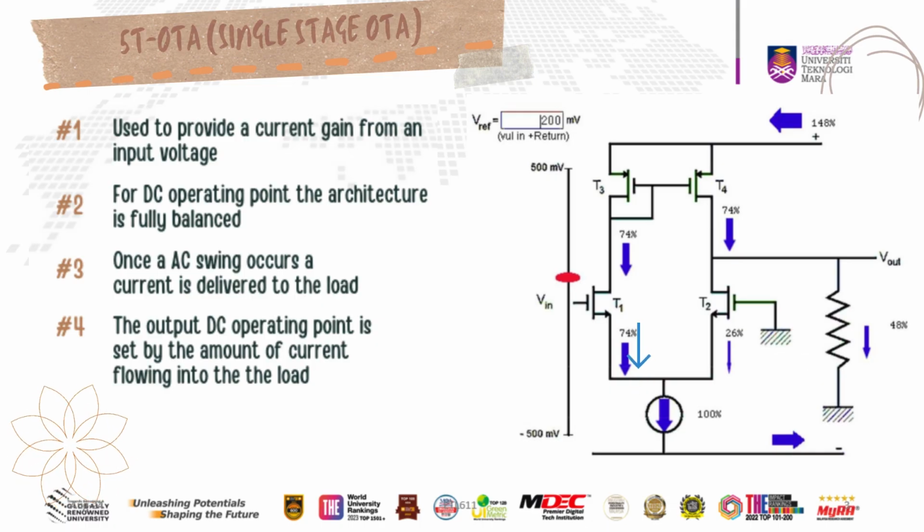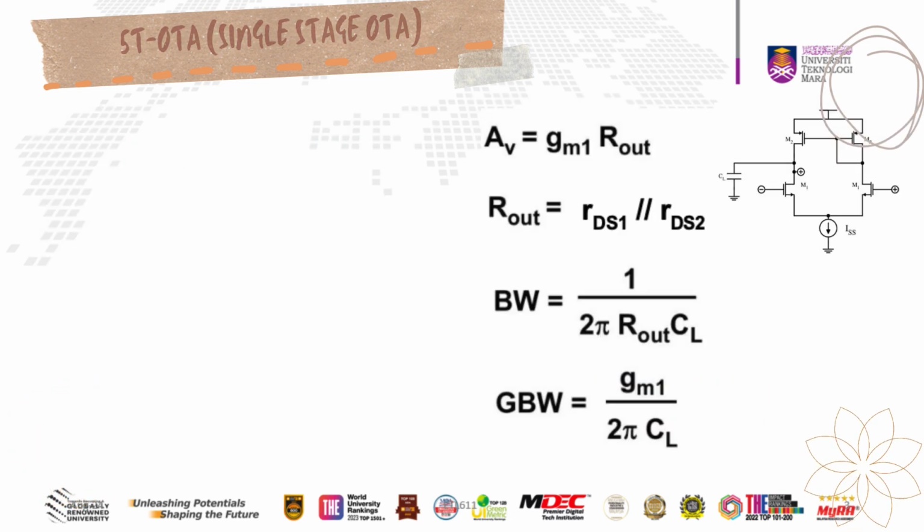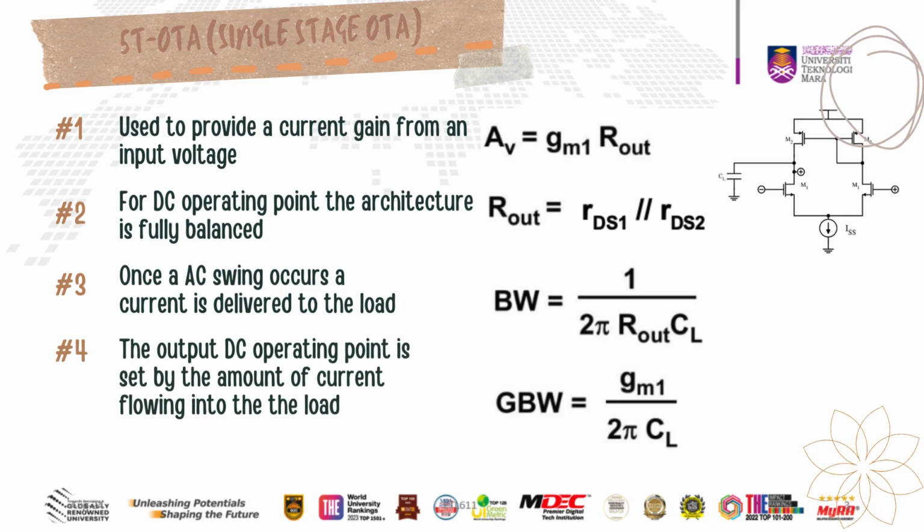At T1, total current from T3 remained at 74% as no branch going down to the tail current. At tail current, 100% of the 148% supplied current here. So this 100% is contributed by the current flow from T2 and T1, which are 26% and 74% each. Here are the important equations to indicate the performance of the amplifier.